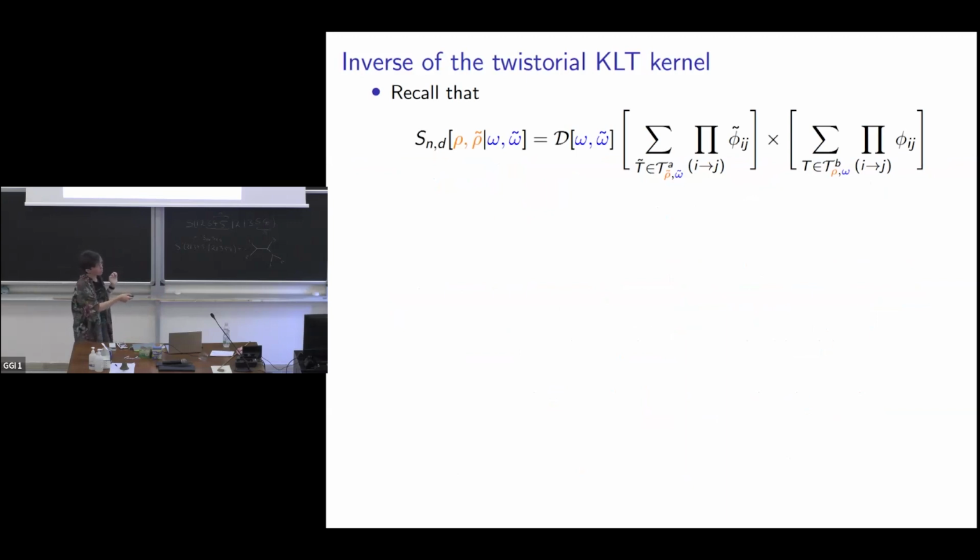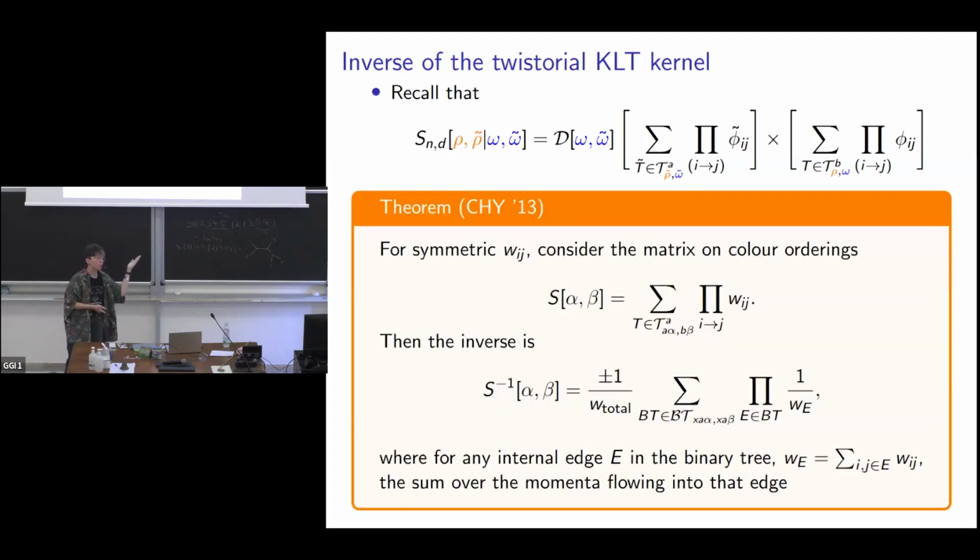And then we have these two objects over these ordering compatible trees, which look very similar to the usual field theory KLT kernel. And in fact, we can use this result. So this is basically saying the inverse of KLT kernels are bi-adjoint scalar amplitudes. We can use this result, which basically amounts to what I was saying earlier, but now with generic weights.